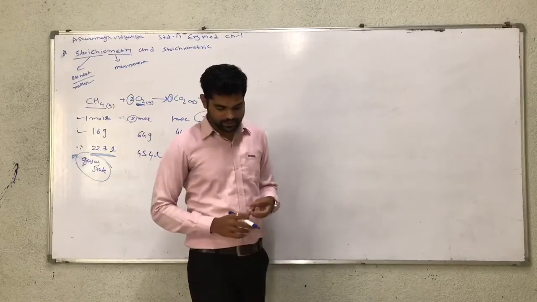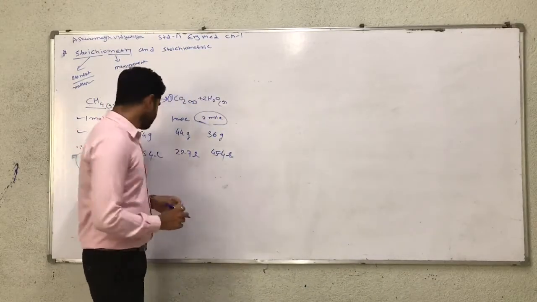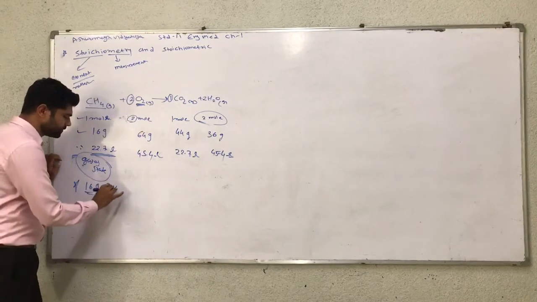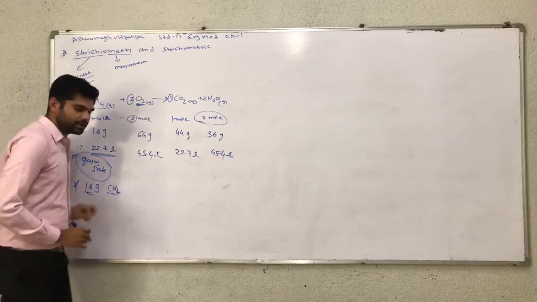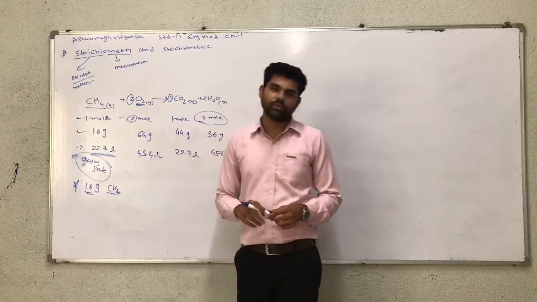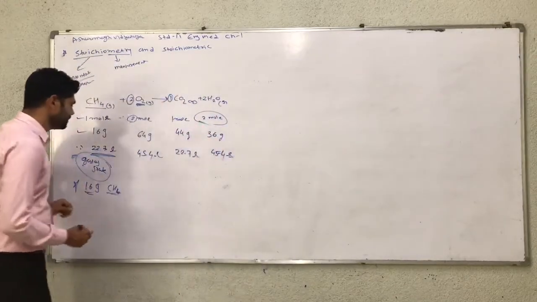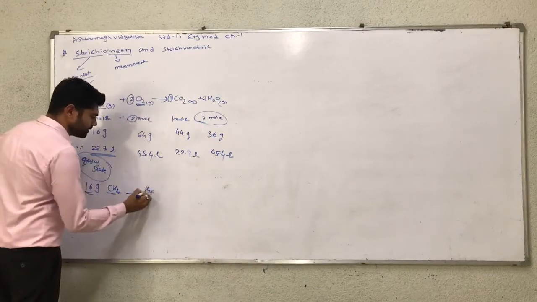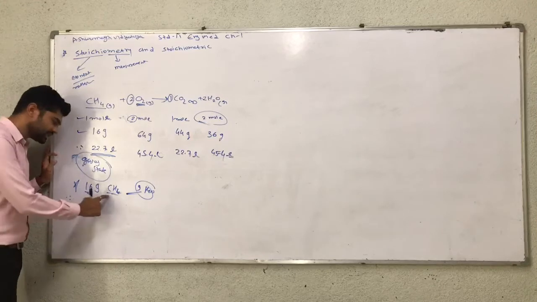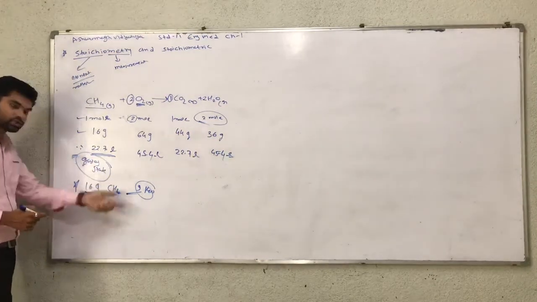One example: 16 grams of CH4 burns in the presence of oxygen, how many grams of H2O are produced? In the given question, 16 grams of CH4 burns in the presence of air, and how many grams of H2O will be produced?